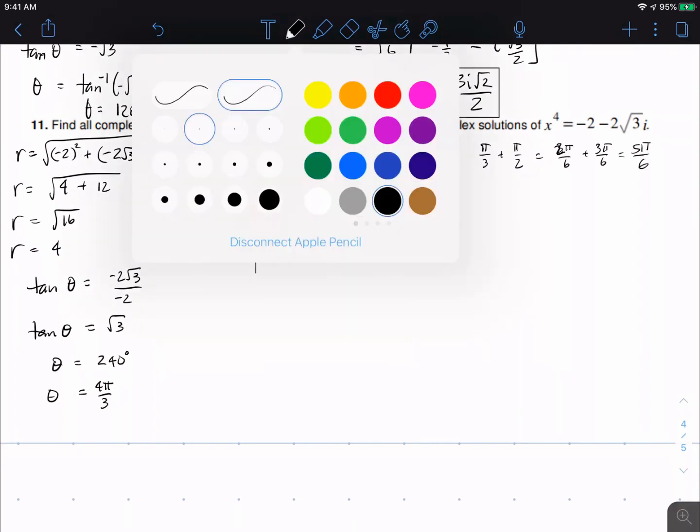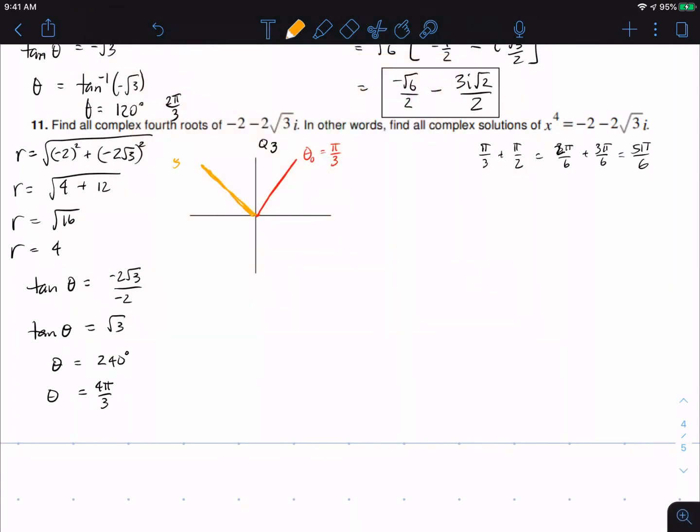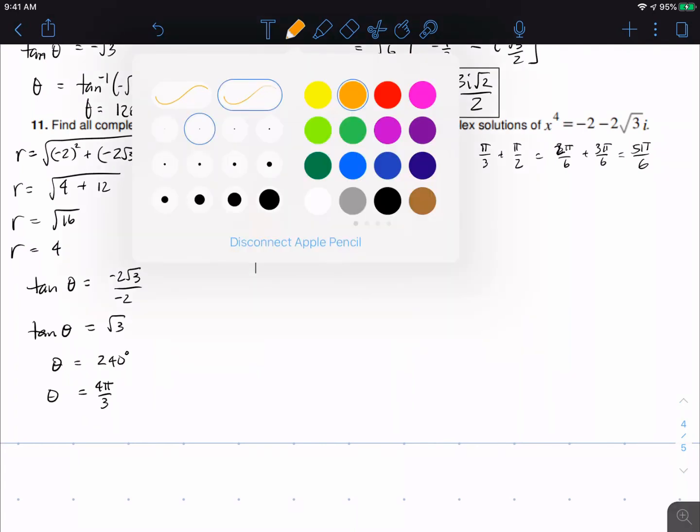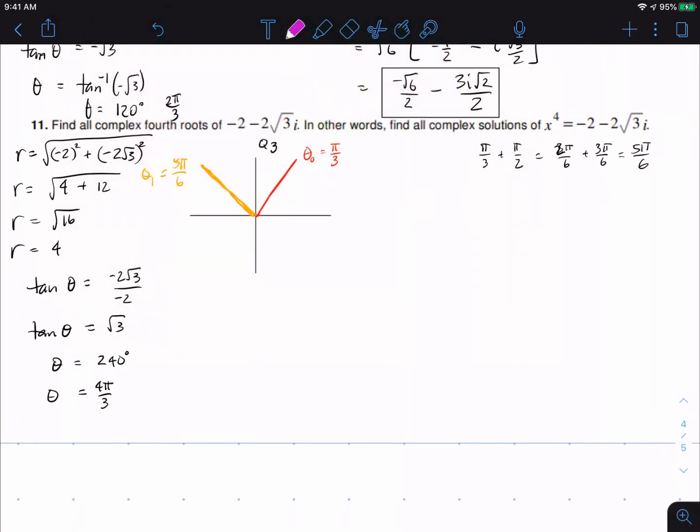So this is going to be 5 pi over 6. And that's going to be my theta 1. Adding a half circle, I'm going to end up over here. So that's going to give me 4 pi over 3. And that's going to be my theta 2.